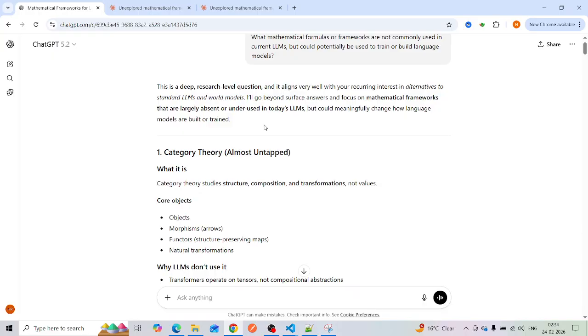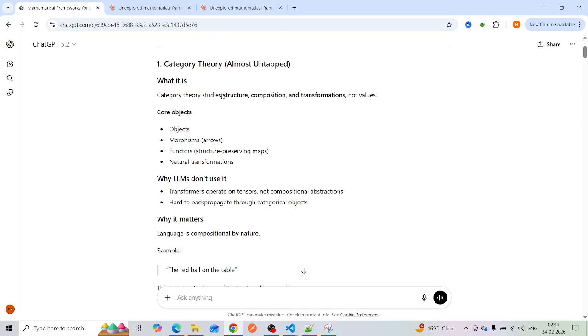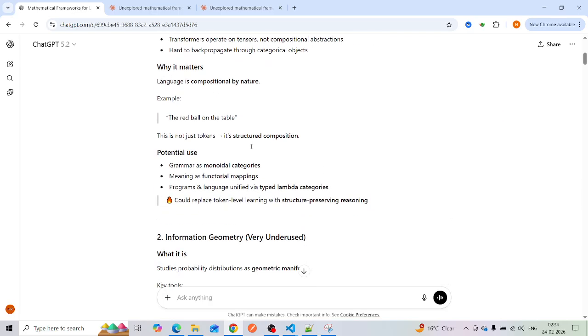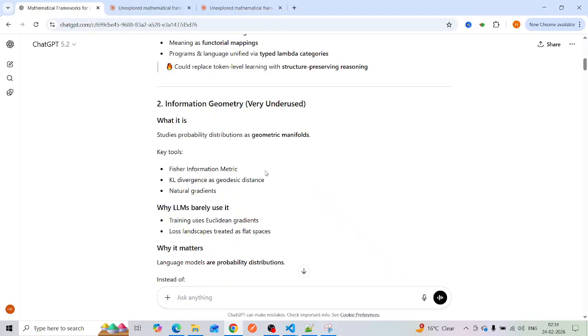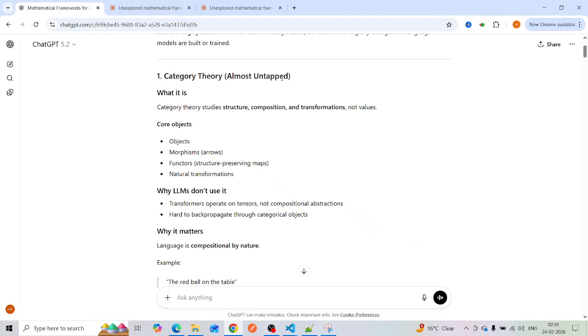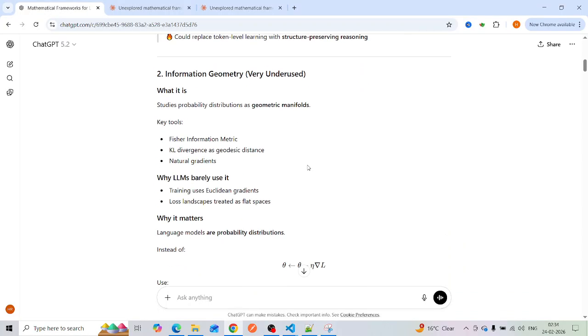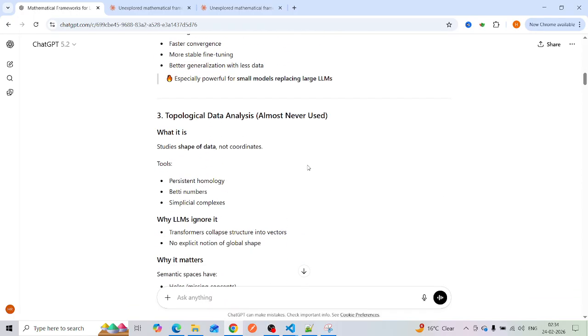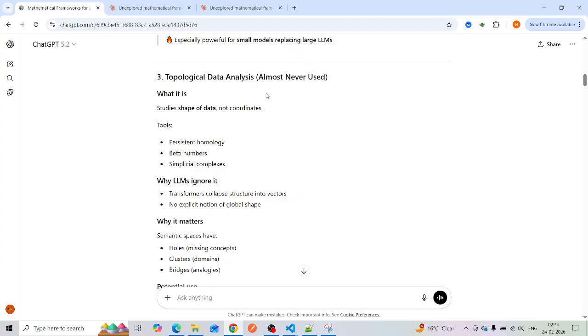So here we have category theory, then information geometry, very underused, and then topological data analysis, almost never used.